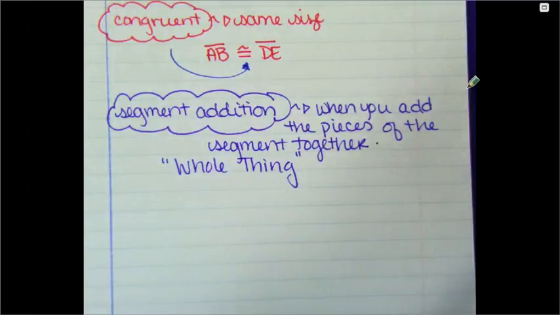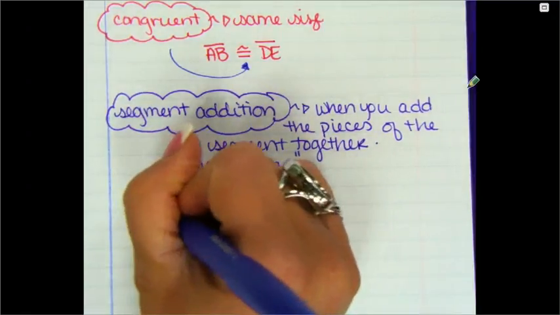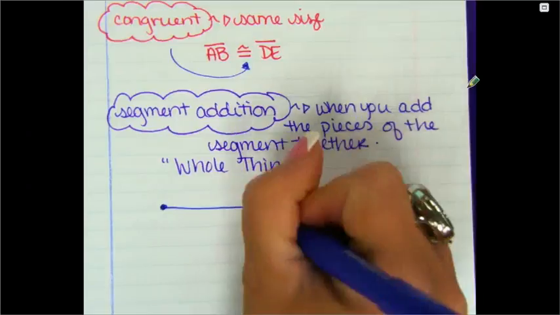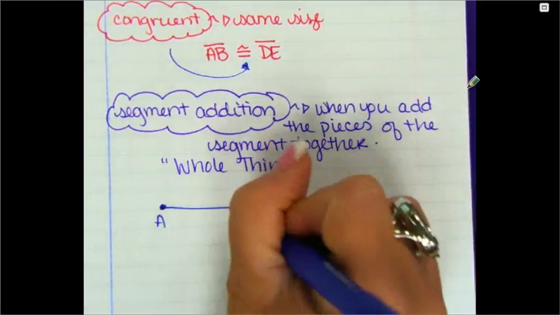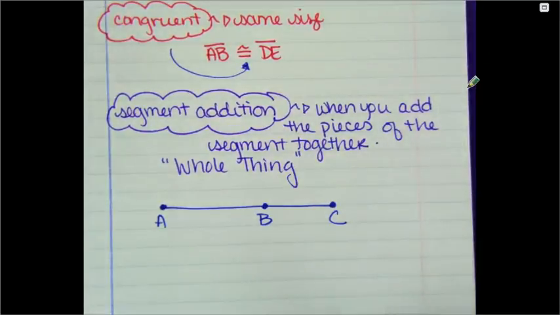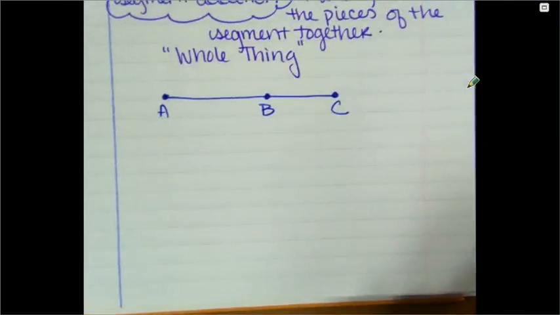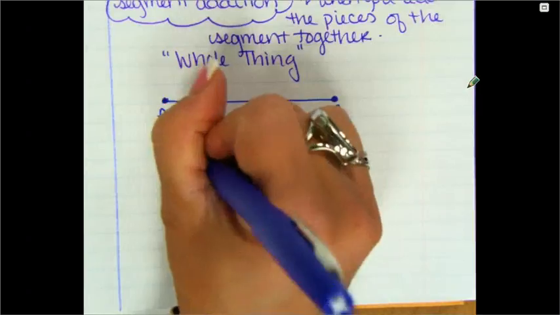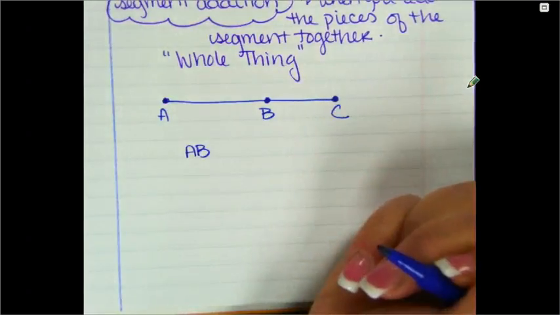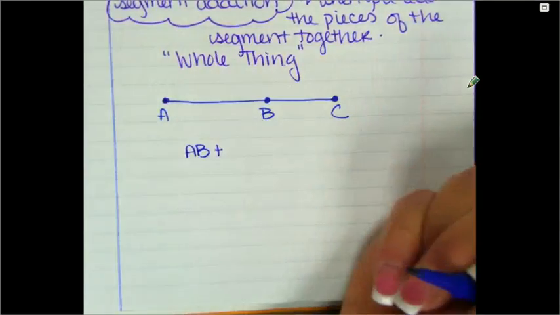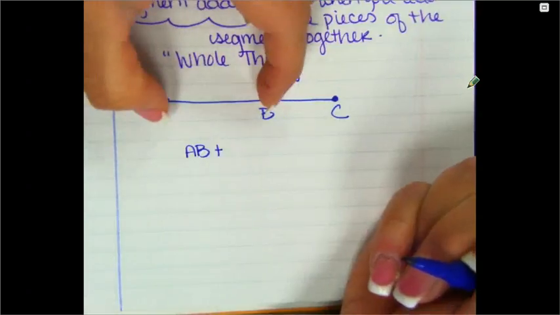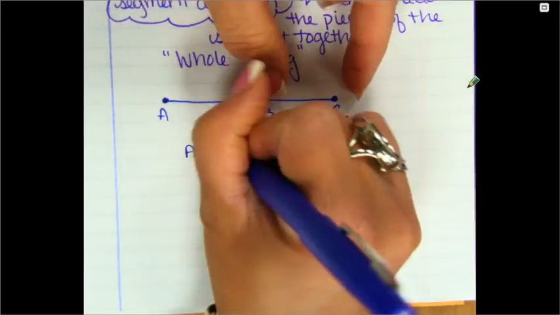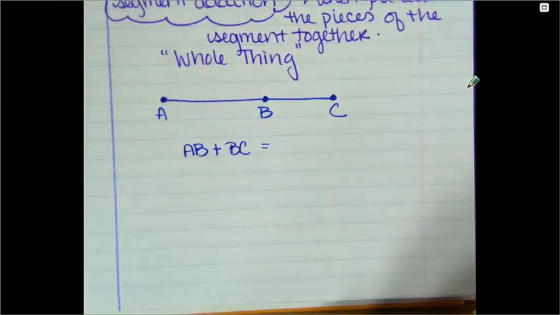So for an example of that one, we're looking at something like this. We have A, B, C. Make sense? And the way you think of it is this, that segment AB, whatever this length is, plus the piece of this equals, guess what?